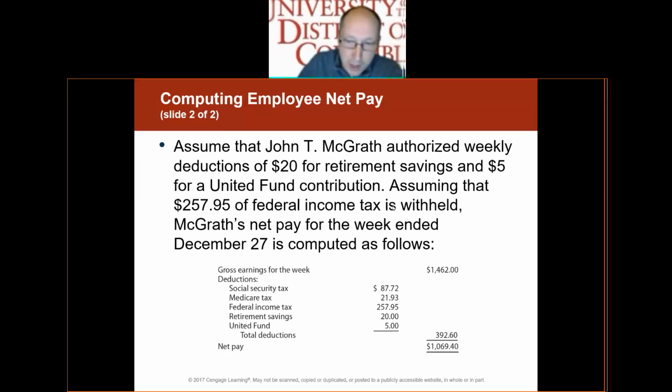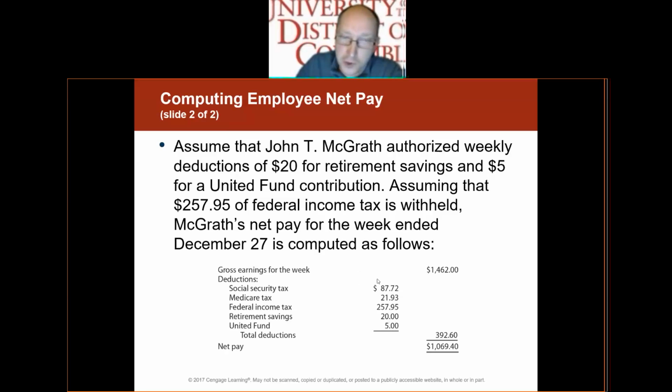So looking back at John's example. John's gross pay was $1,462. John had to pay Social Security and Medicare. Then we realized, John also has federal income tax, retirement savings, and he's donating $5.